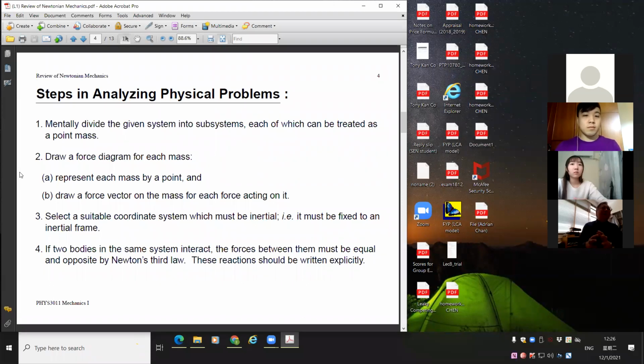In this way, we will have a systematic way of analyzing the problem and writing down the equations. Before doing that, of course, we need to select a suitable coordinate system, which must be inertial. It must be fixed to an inertial frame. Why is this so important?